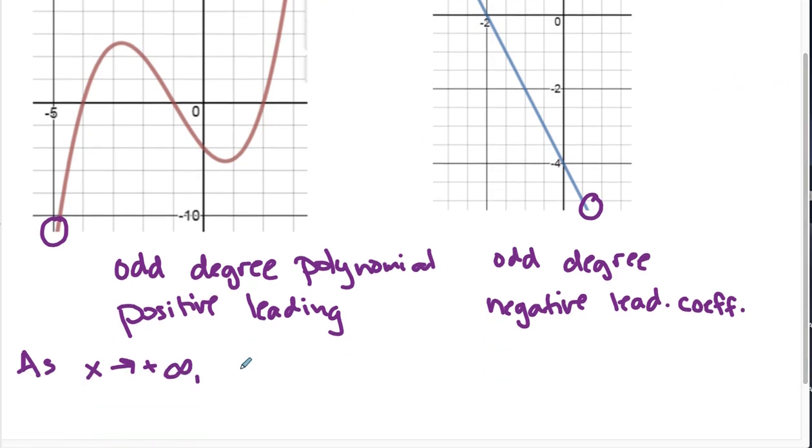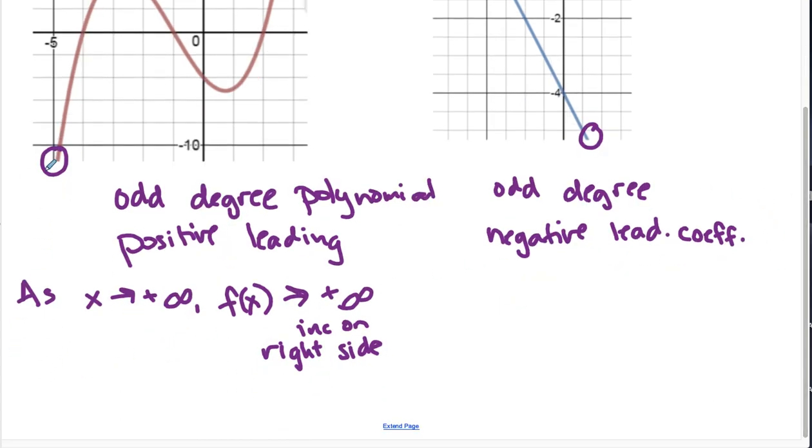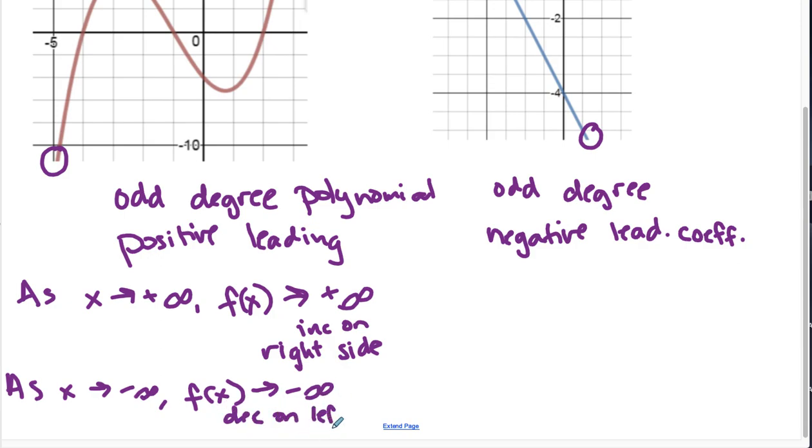It's increasing. f of x is going to positive infinity, which means it's increasing on the right side. And then on the left side, as x approaches negative infinity, f of x is approaching negative infinity. So that means it's decreasing on the left side.